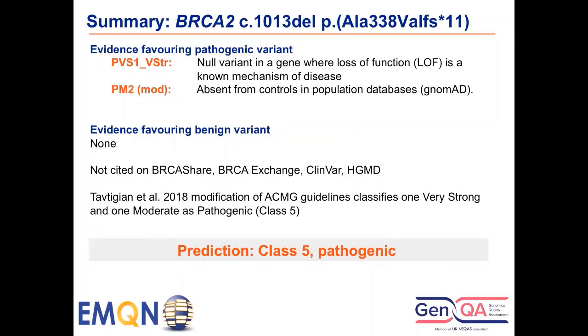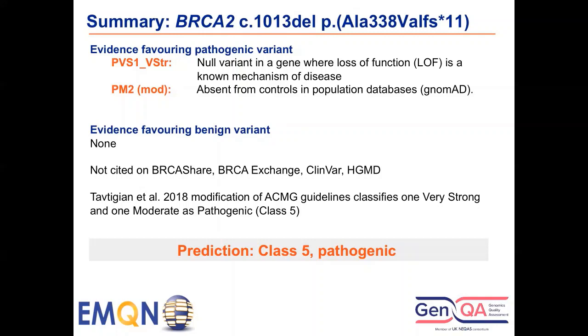So therefore, we can use the PVS1 decision tree, and as it's a null variant in a gene where loss of function is a known mechanism of disease, we can use PVS1 at very strong level. In addition, it is absent from controls in the population database gnomAD, so we can also use PM2. For evidence favouring it being a benign variant, we didn't find any.